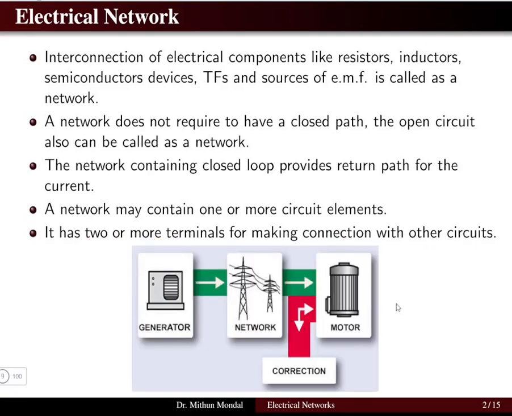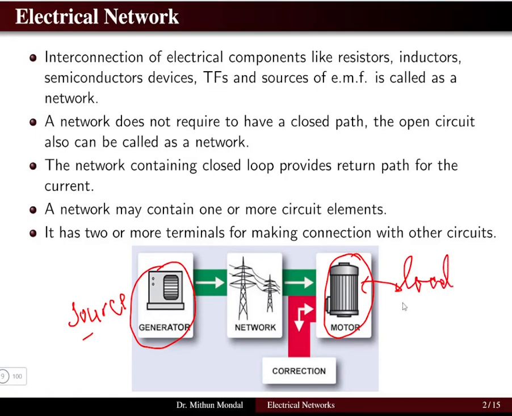Let us see this figure and understand what is an electrical network from the general power system point of view. The generator forms the source. Any electrical network will require a source to drive the system, and there will be a load which is represented in the form of a motor, which is the output terminal.